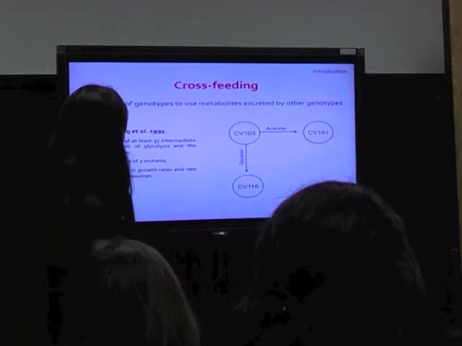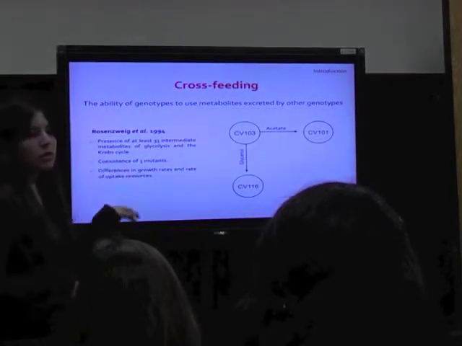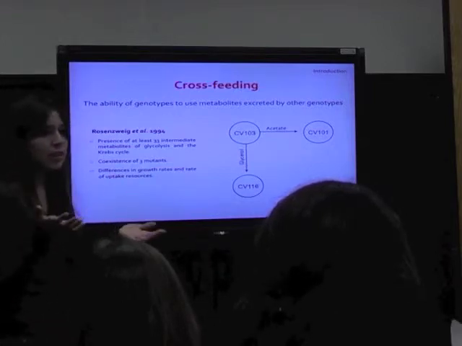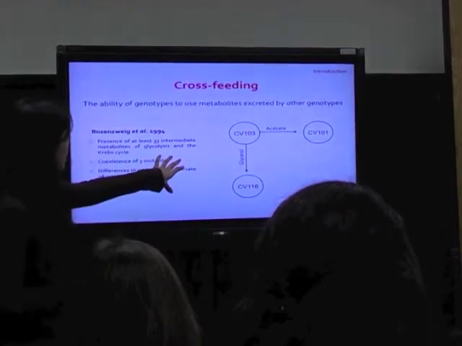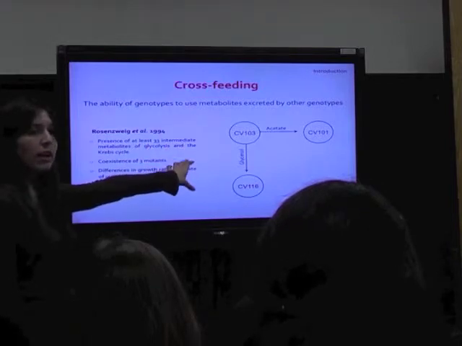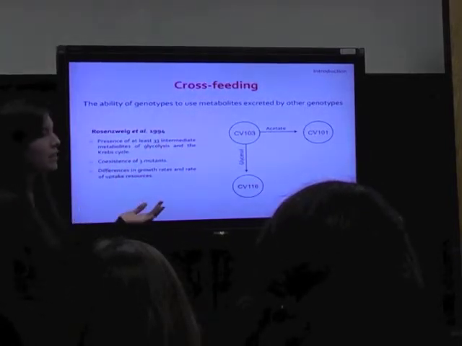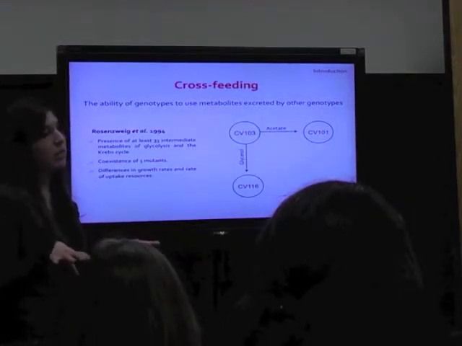And also they saw that there are 3 mutants that coexist all the time. So when they analyzed those mutants, they discovered that the mutants have differences in the growth rates and also in the rates to uptake and secrete different metabolites.